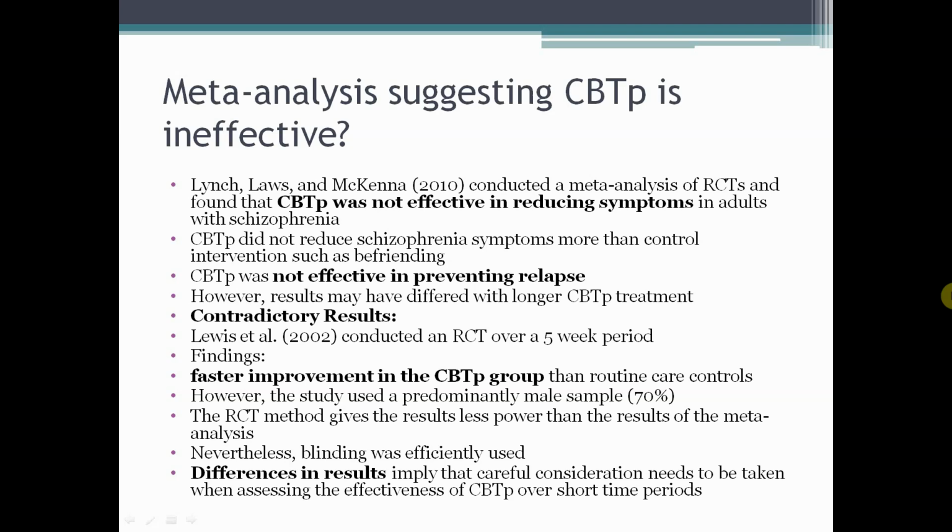Findings also suggested that CBTP was not effective in preventing relapse. However, results may have differed with longer CBTP treatment. These results suggest that CBTP may not be effective in reducing schizophrenia symptoms and preventing relapse in adults over a 5 to 9 month period.